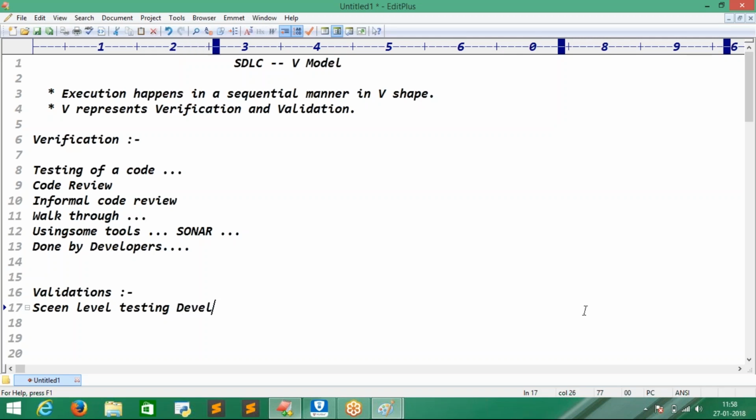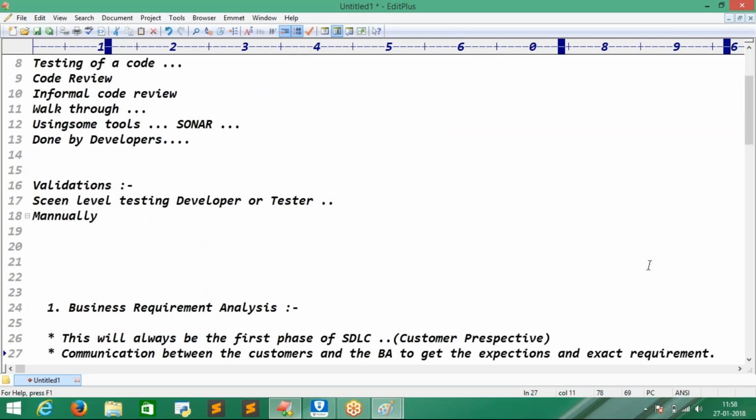It can be done by a developer or by a tester. When I say developer, it means unit testing; tester means the other parts of testing. Clear guys? It can be done manually or using automation, it means the same. So you get what is meant by verification and validation.